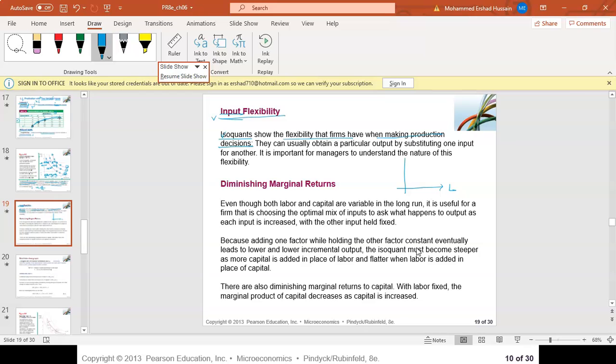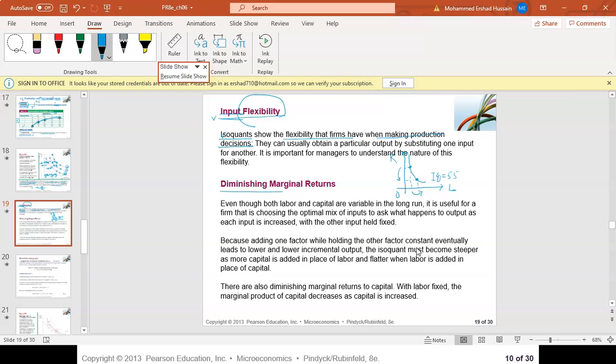This is labor, this is capital, this is 0, this is isoquant IQ. Here you can produce 55 units with this combination, or you can produce the same output of 55 with this combination, using less capital and more labor between these two points. This is called flexibility, right?